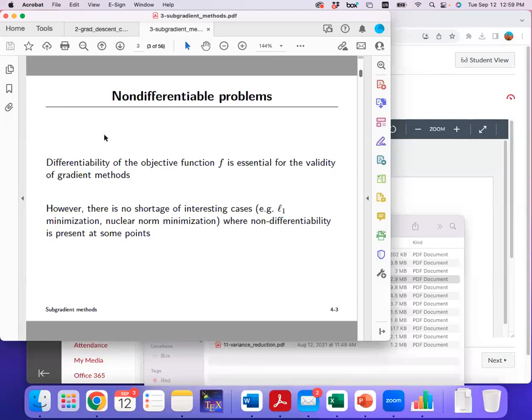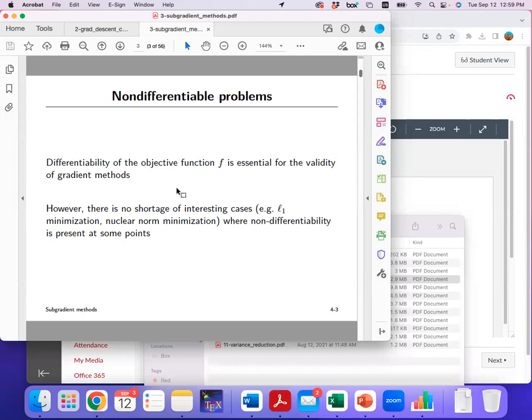But in many cases, in many examples, we may not have a differentiable objective function. So the f may not necessarily be differentiable. We will see some examples. L1 norm, nuclear norm minimization. These are very important examples in signal processing and statistics, and they are not differentiable at some points.